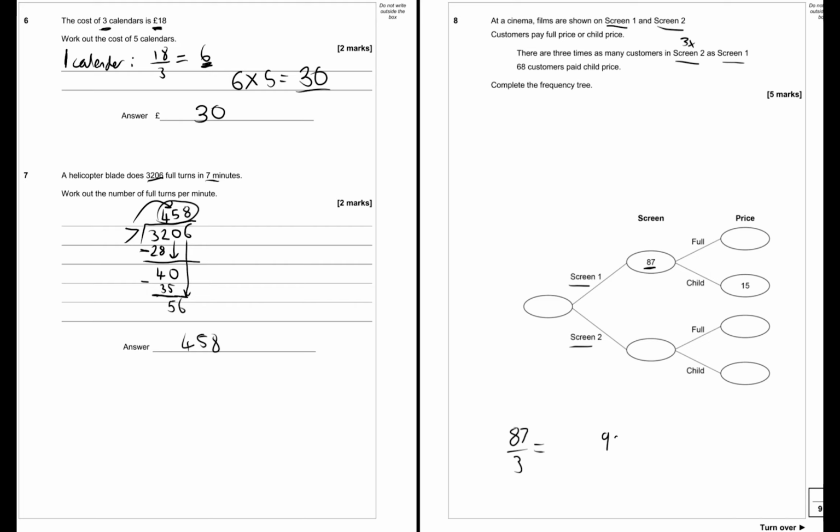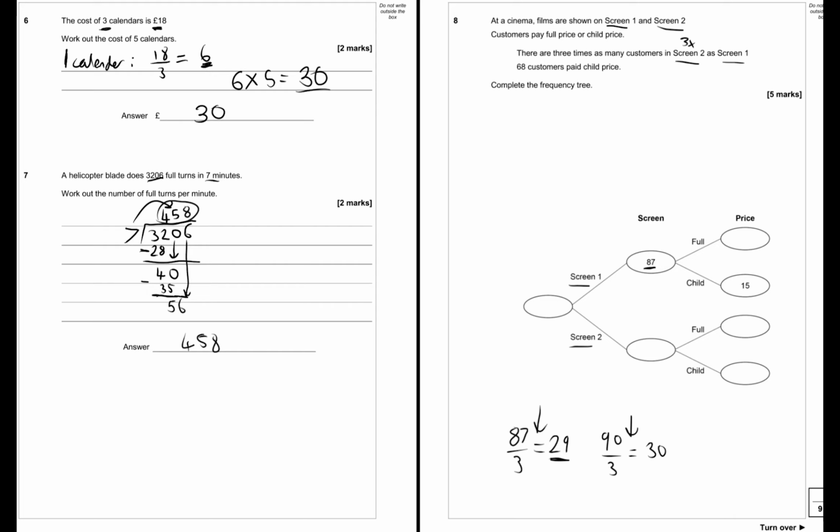So what is 90 divided by 3? 90 divided by 3 is going to be 30, isn't it? So using this, can we work out what 87 over 3 is going to be? So we want to get rid of 3 from our whole thing, so the answer is going to be 29.